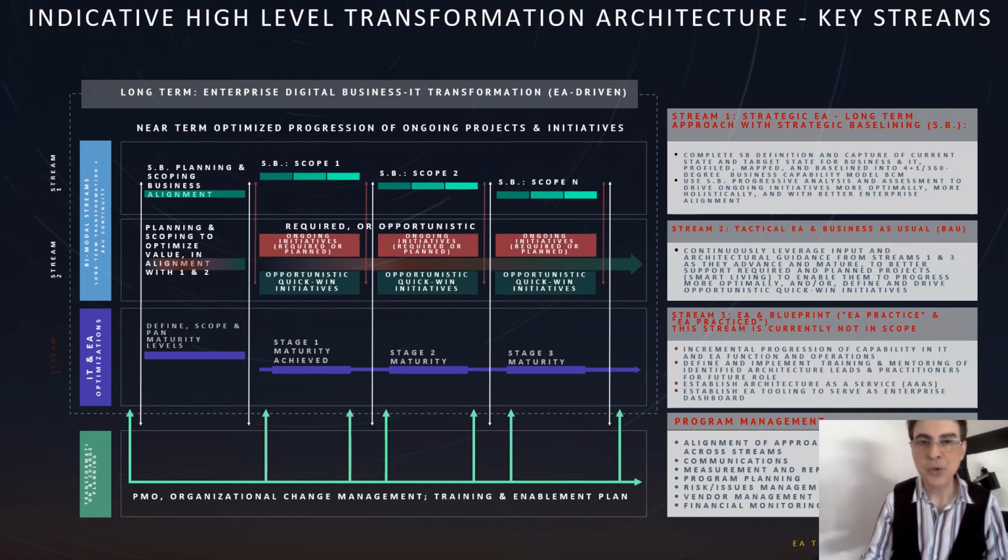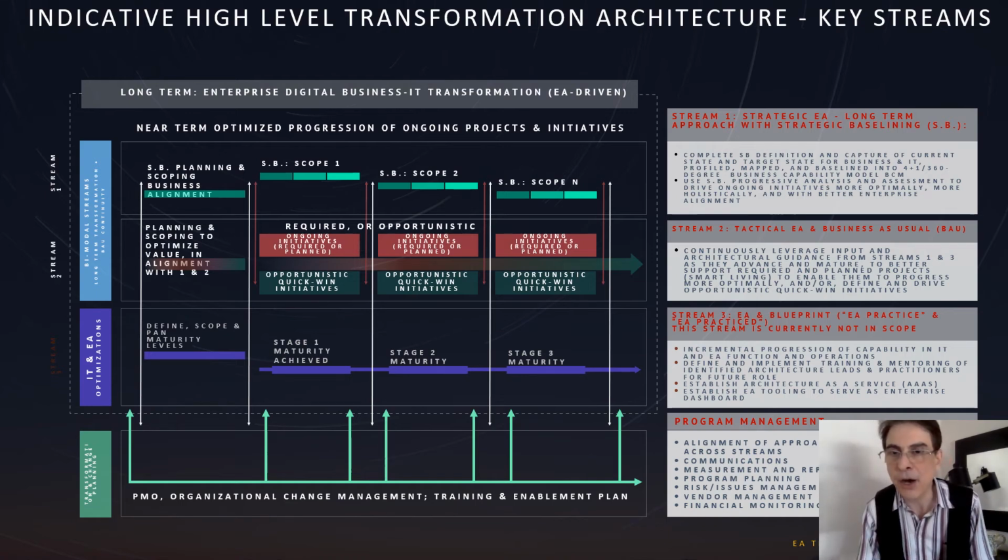But then applying this, we look at from a capability driven point of view, we look at how we can strengthen that path of maintaining what we have today, doing BAU while improving it. So we have these four key different streams of strategic long-term approach with strategic baselining, which is the top one, where we look at every capability until we have baselined it into a valid ECM, enterprise capability model entity.